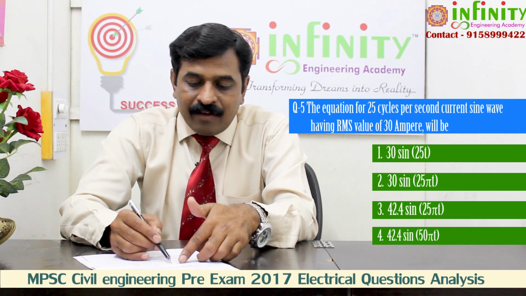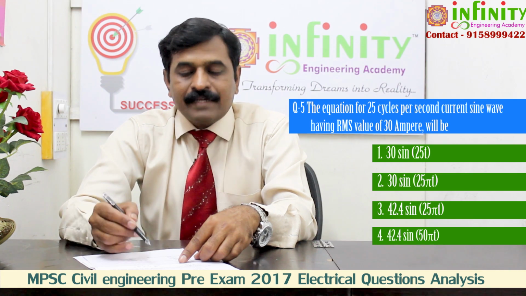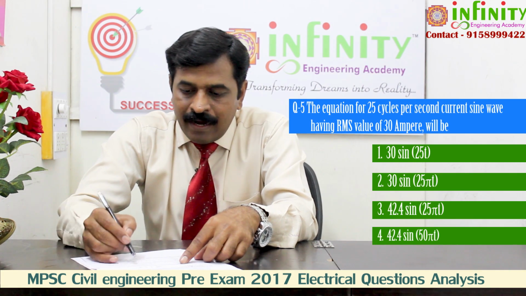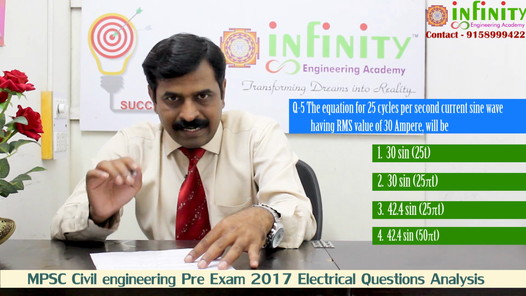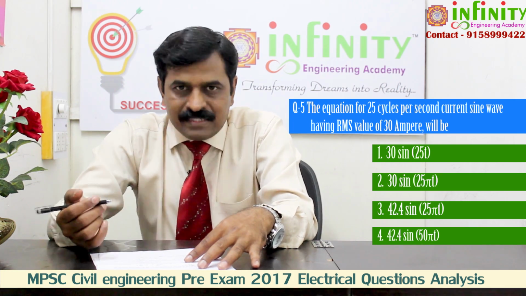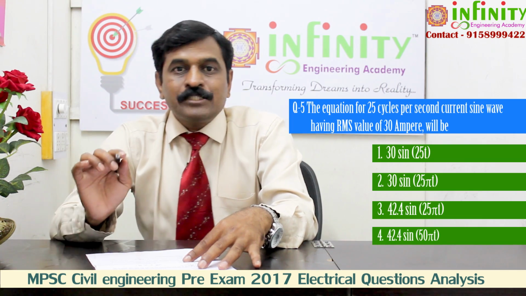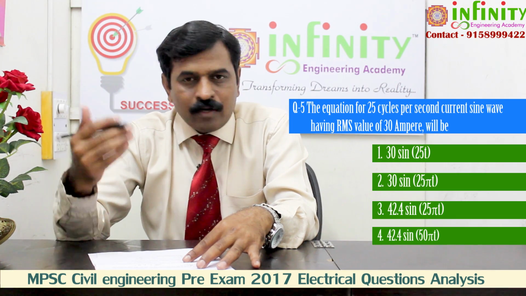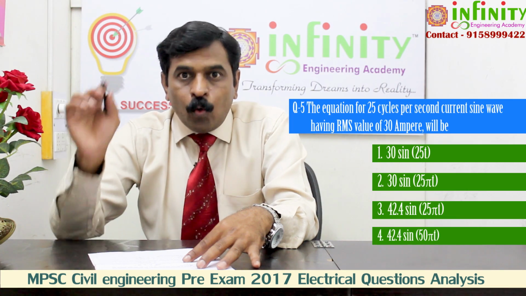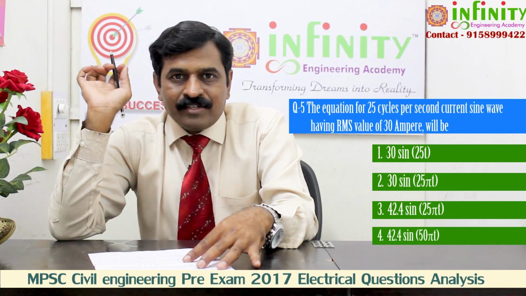Because here the frequency is given as 25 cycles per second, and the angular frequency is 2 pi f. The standard equation is amplitude, either voltage or current, times sine omega t. This is the standard equation of the sine wave.